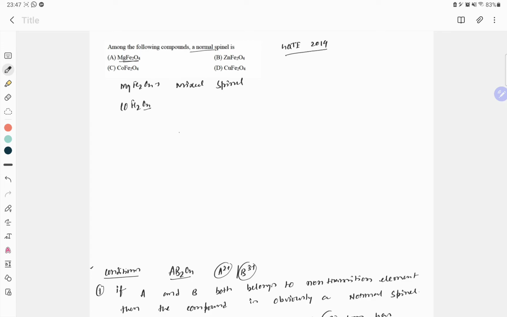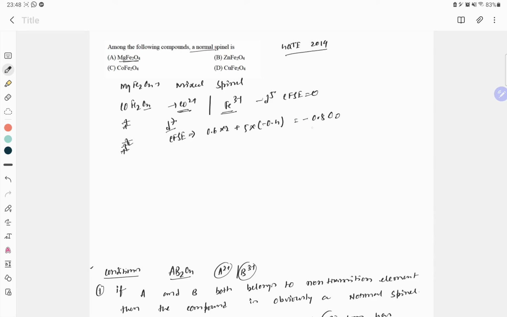Now CoFe2O4. Here it is Co2+ and Fe3+. Fe3+ means d5 system, CFSE 0. Here Co2+ is a d7 system, CFSE is, 3, 4, 5, 6, 7, that is 0.6 into 2 plus 5 into minus 0.4, that is minus 0.8.